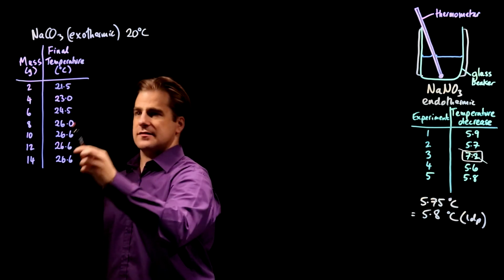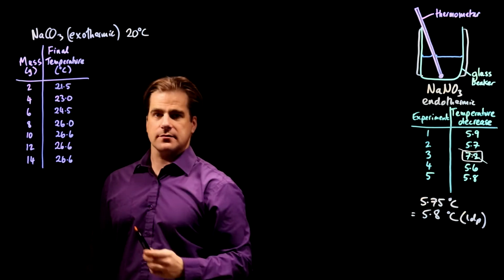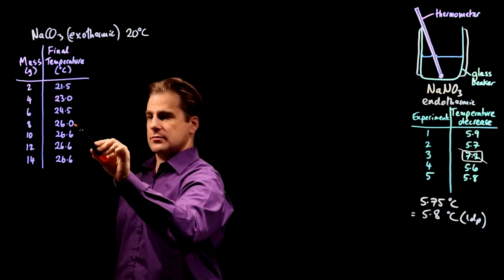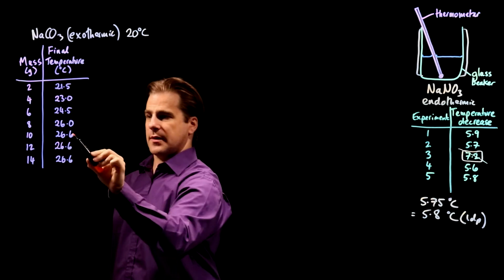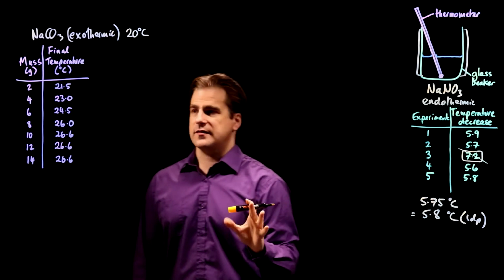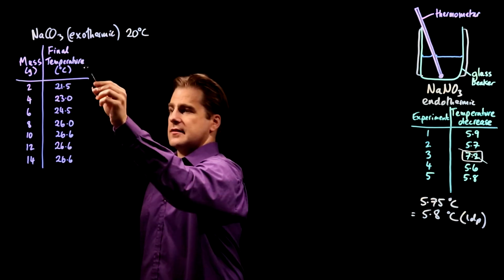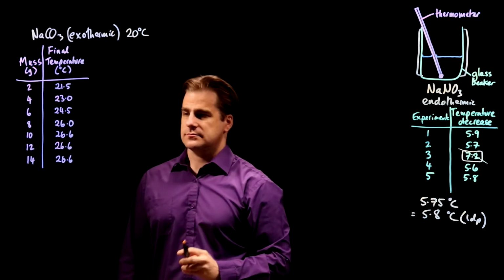As the mass increases, the temperature increases up to a mass of 10 grams and temperature of 26.6 degrees C. So that's the first thing to say. So first say, as mass increases, the temperature increases. That's it.